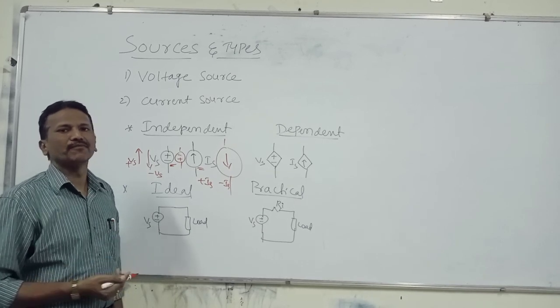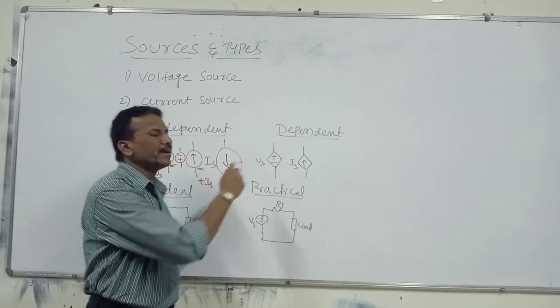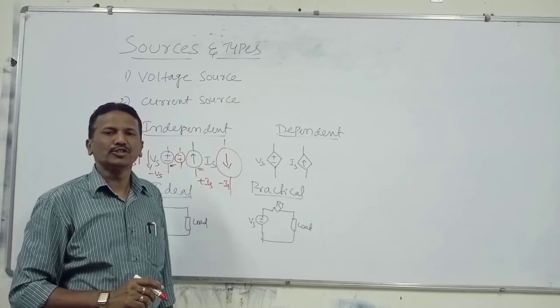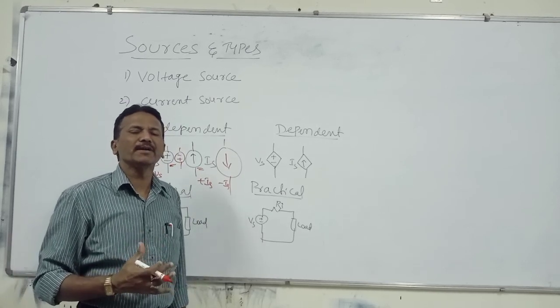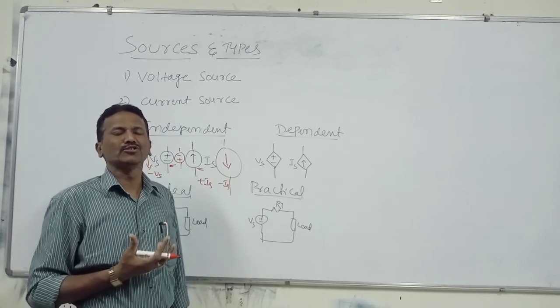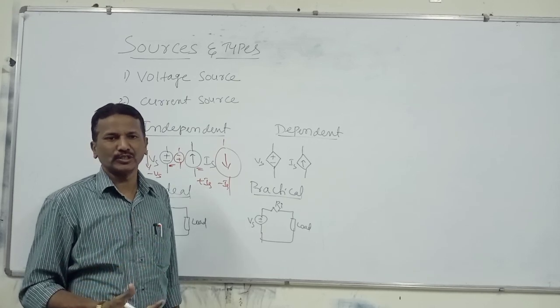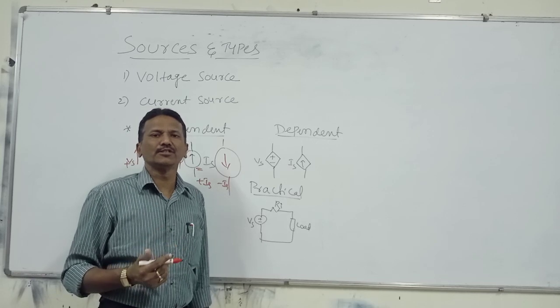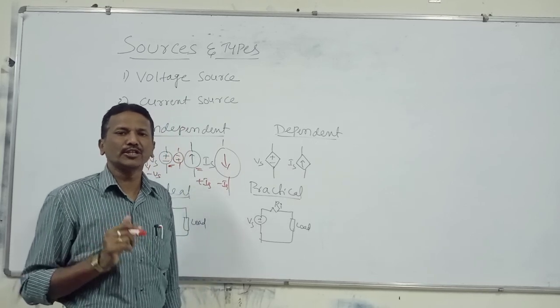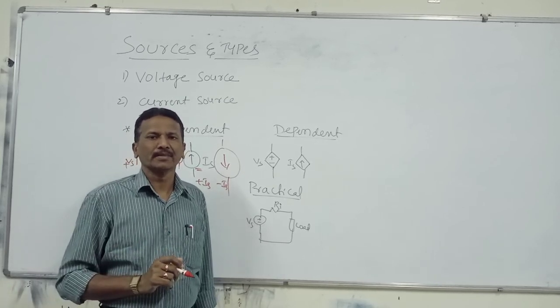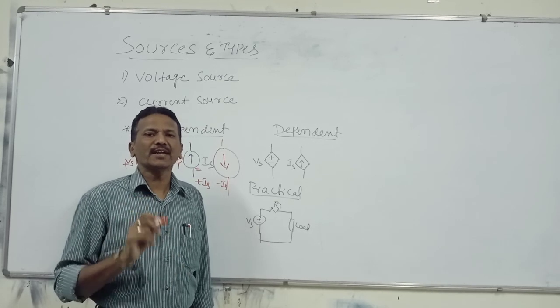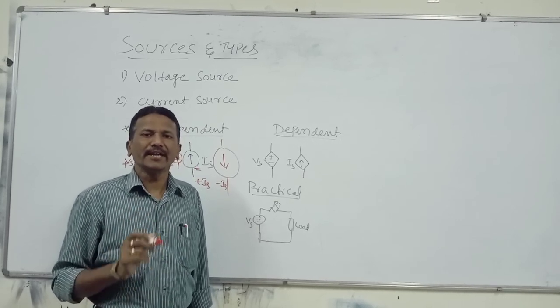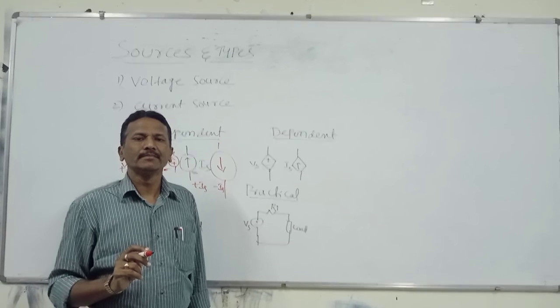Now one more type of source is the dependent source. These sources depend upon another source. To understand the independent source and the dependent source, I will give you one example so that you can understand very easily. Your parents, are they independent or dependent?